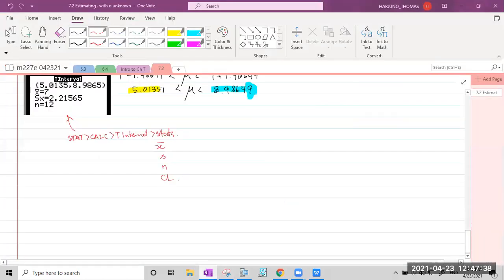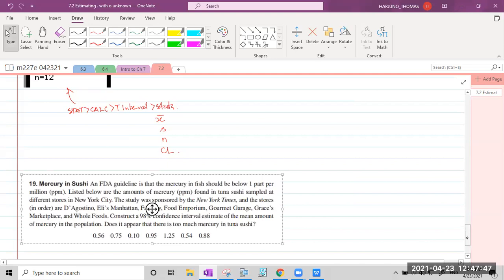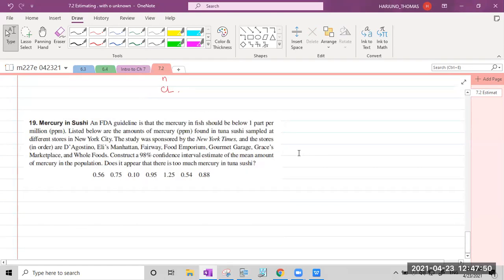Suppose another instructor, if you happen to take this class with another instructor and they give you this question, all you need to do is construct a confidence interval. So you don't need to show work at all. With my class, I need you to show me the work. So suppose you have this data, and you need a 98% confidence interval for the mercury in sushi, with n equal to 7, and the data are given there.